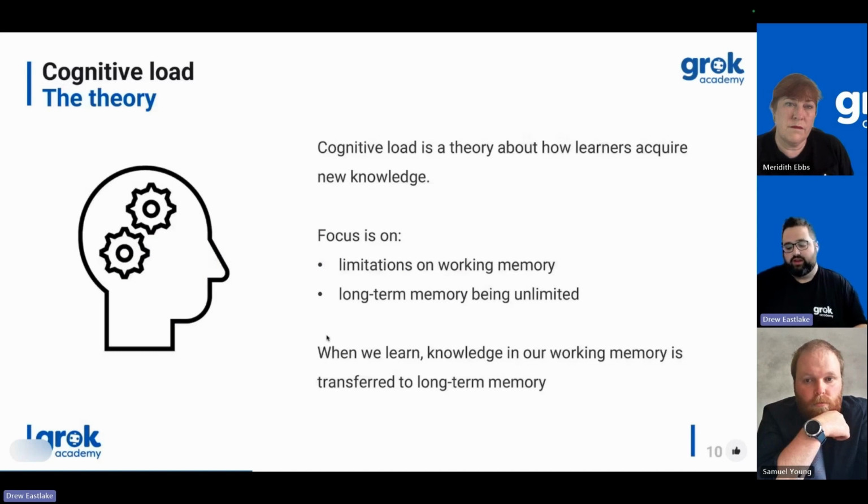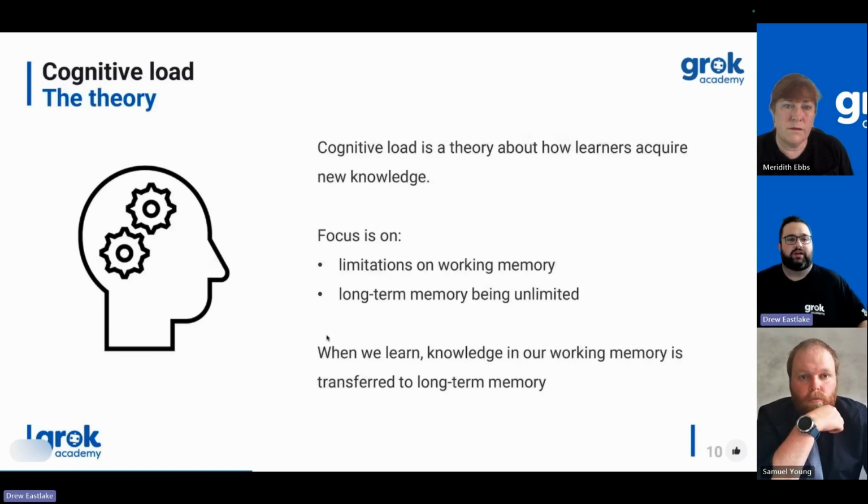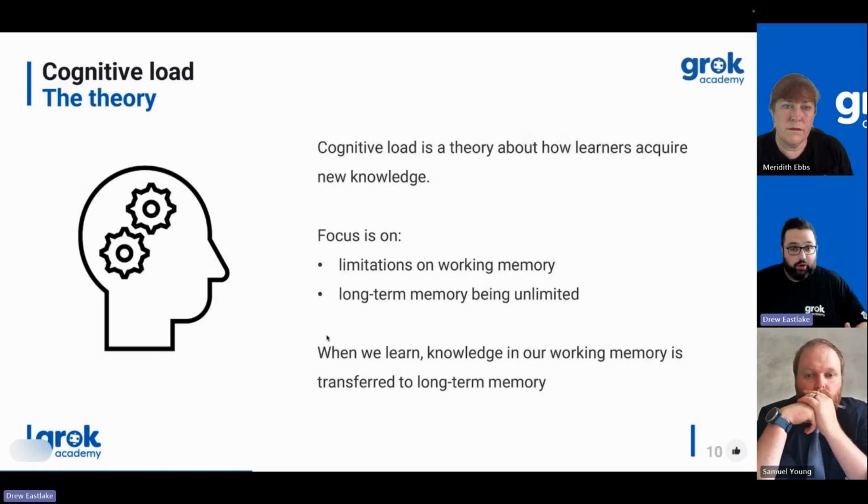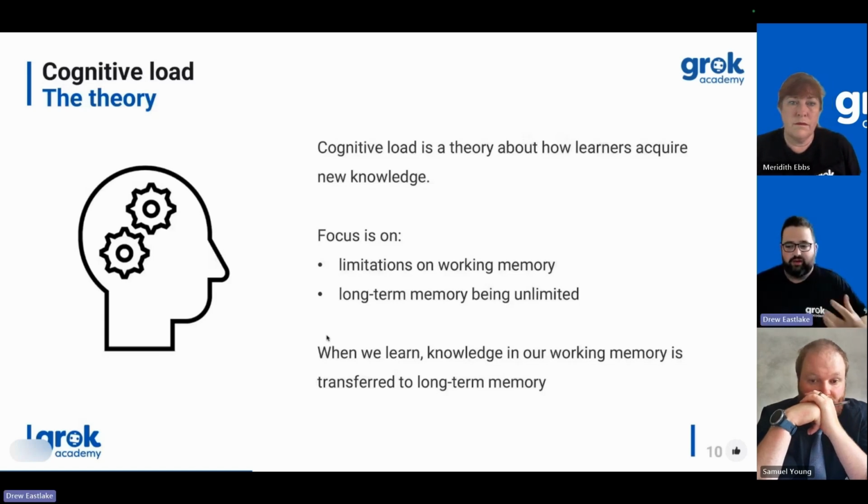So cognitive load is a theory based on how learners acquire knowledge, but also what they need to do in order to get that knowledge, what they need to bring, how much they actually need to think through when they are programming, when they are reading, when they are writing, when they are learning how to kick a football. Our brains are processing all this new information to take it from short-term to long-term memory.